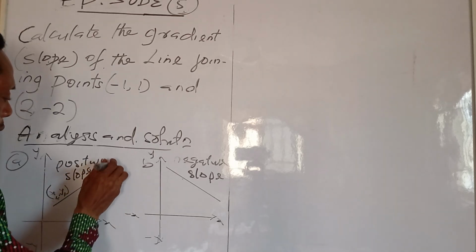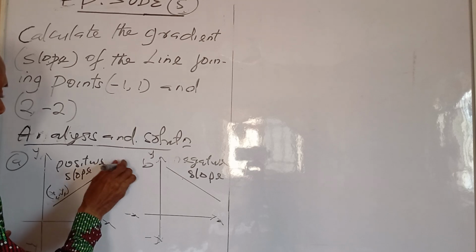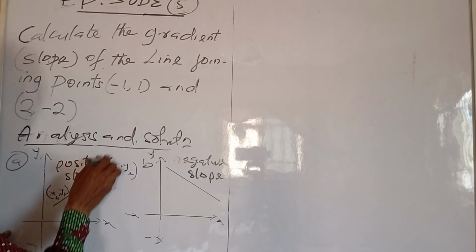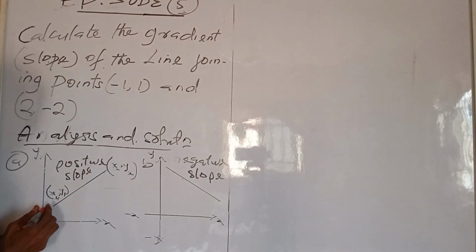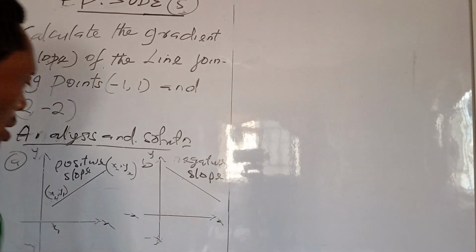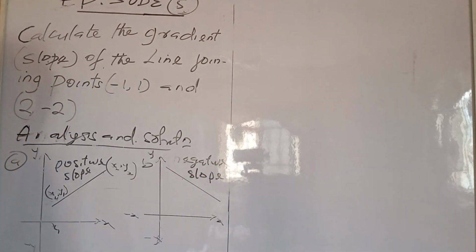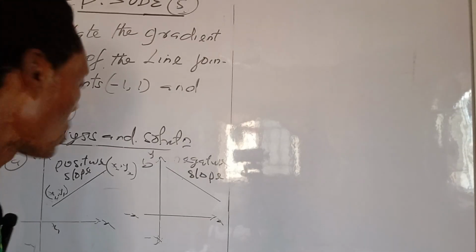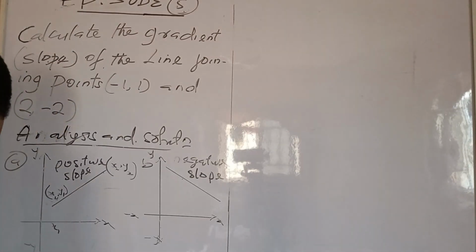Then here will be your X2, Y2. You trace from here down, you have your X1. Here you trace also. So let's see based on the question.